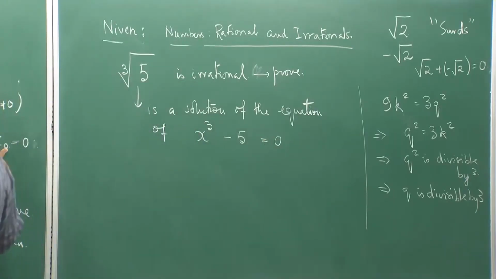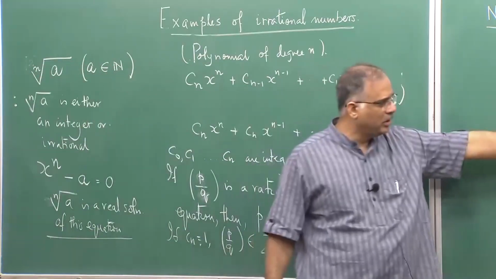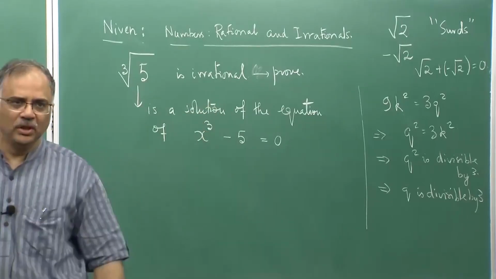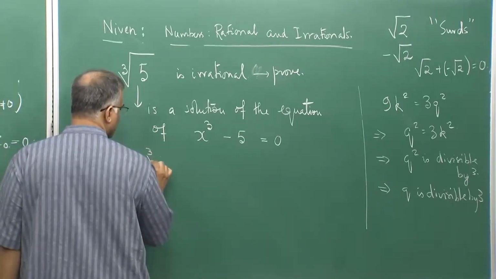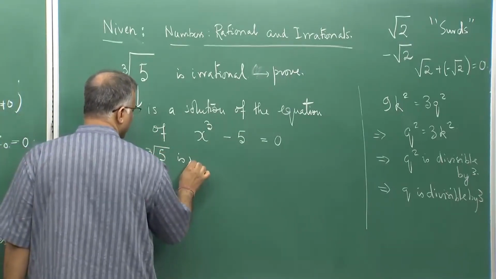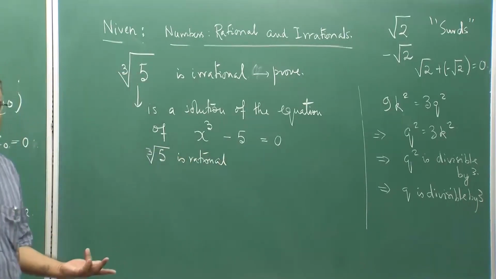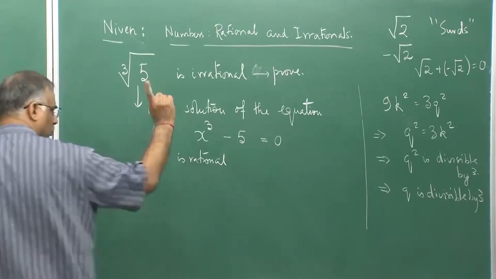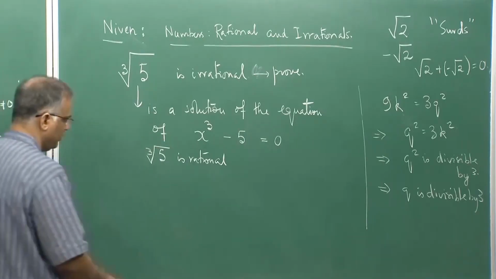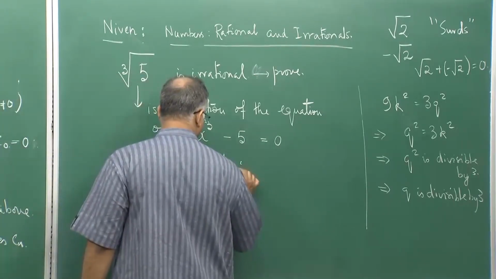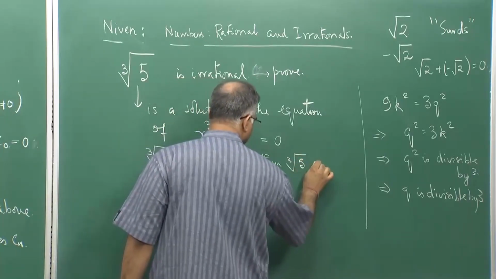So, in this case C0 is 5 and Cn is 1, meaning C3 is 1, and the rest of the coefficients are 0. The cube root of 5 is the real solution of this. Suppose the cube root of 5 is rational, then it must be an integer, because C3 is 1, the highest power has coefficient 1. So, it must be an integer. So, the cube root of 5 is an integer.